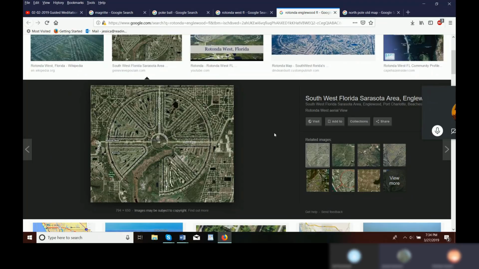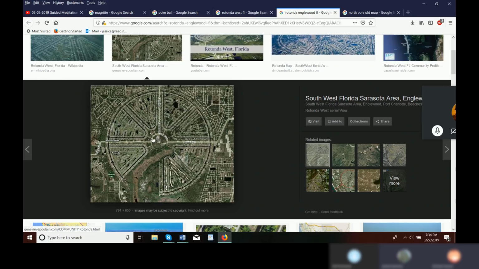If you see it as a pizza, each pie has a different infrastructure inside. They're not similar to the one next to it. And when we looked at that one, it was connected also to some maps we've seen of the North Pole. So it's all connected. It's very interesting.